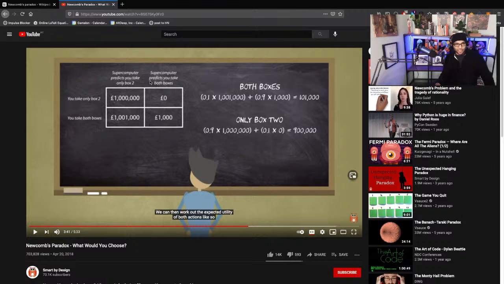Oh, okay, so the prediction here is that we get a 0.1 probability that I'll take box 2, and a 0.9 probability that I'll take both boxes. And so it's 0.1 times, so if I take both boxes, then I get this much. That's my expected utility.